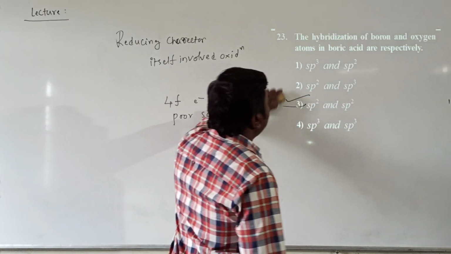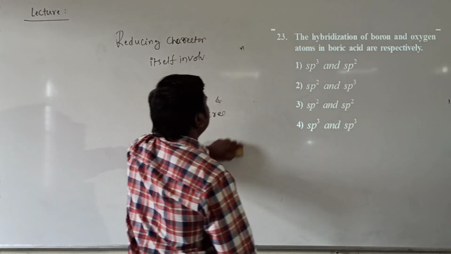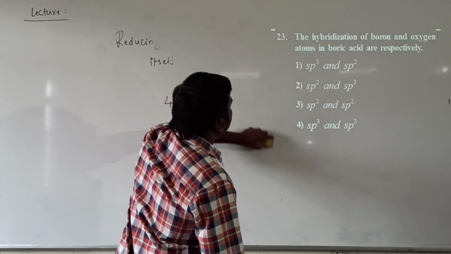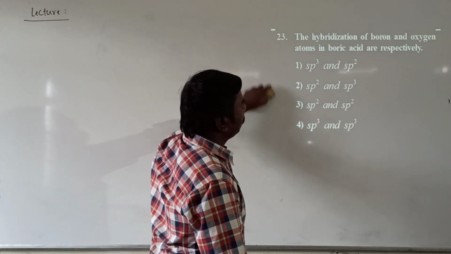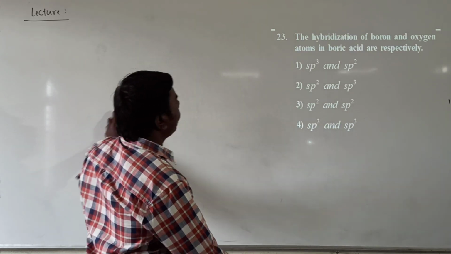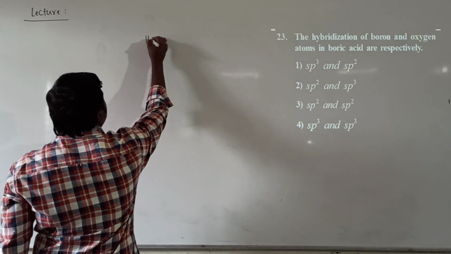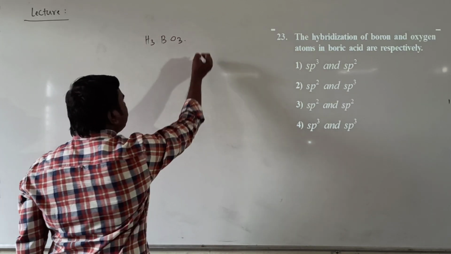Next, hybridization of boron and oxygen atoms in boric acid, respectively. Boric acid is H3BO3.